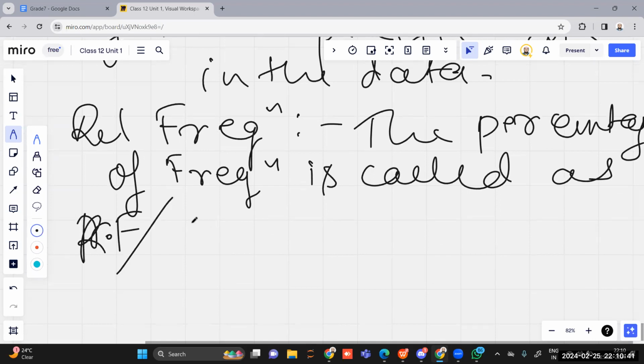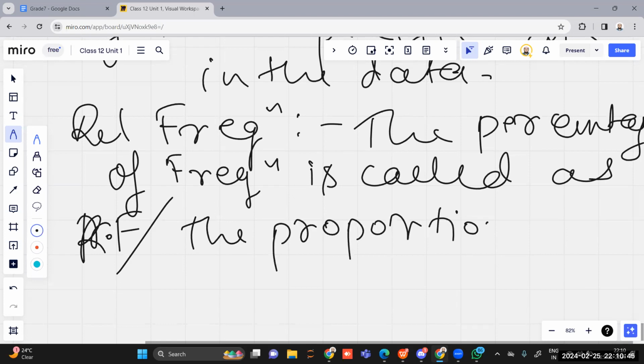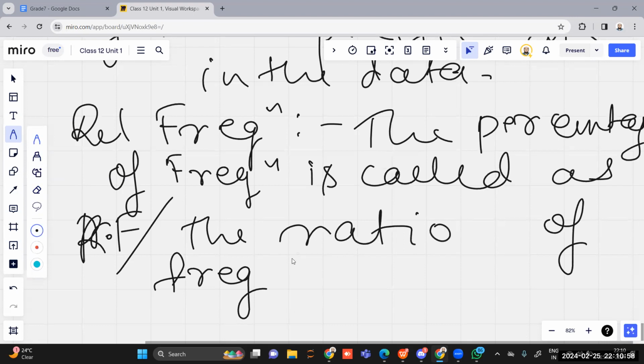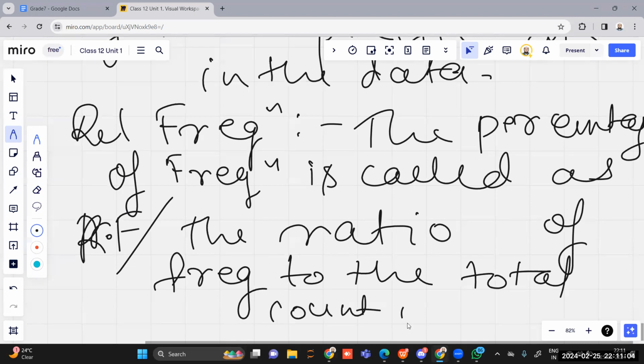Or you can say the proportion of frequency, or the ratio of frequency to the total count is relative frequency. Okay, that's relative frequency.